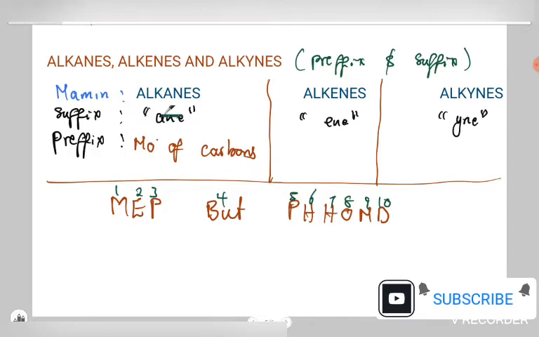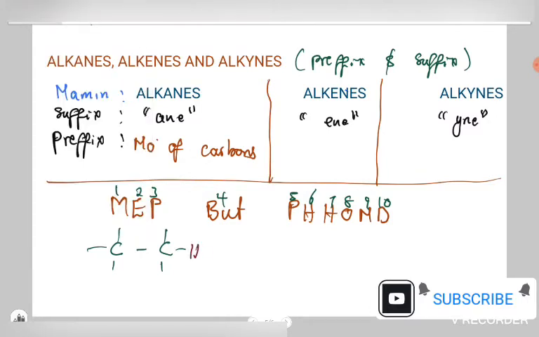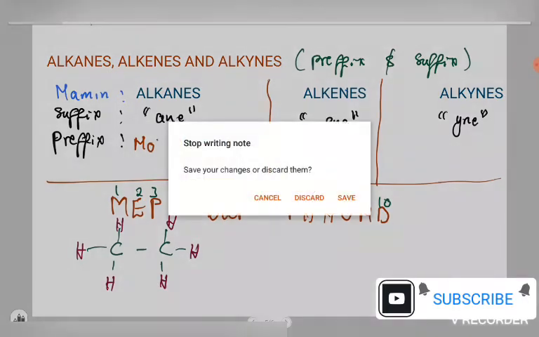What we said about alkane: alkane has a functional group, and that functional group is also going to give us the suffix. The functional group of alkane was this one. Remember, it's represented by single bonds, and all of these single bonds are going to be bonded to hydrogens. That's why we call it a hydrocarbon. How many carbons are here? Two, right? So it falls under E. What's the prefix full name for E?